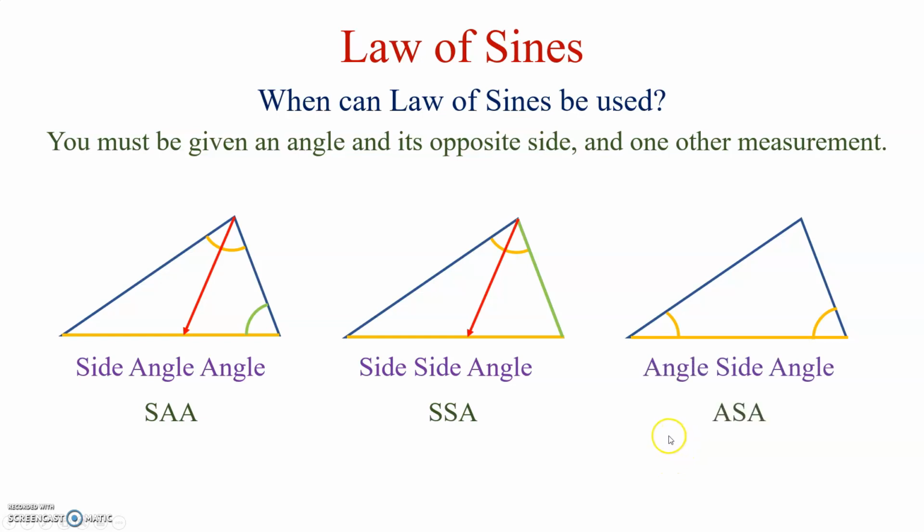It appears as if we don't actually have an angle and its opposite side. But because we have two angles, we can find the third angle, because the three angles have to add up to 180 degrees. So if I take 180 and subtract the two angles that were given, that helps me find the third angle. And so now we have our angle and its opposite side.